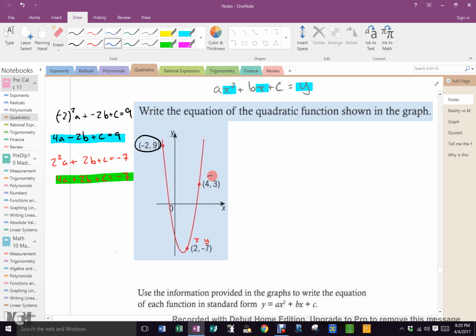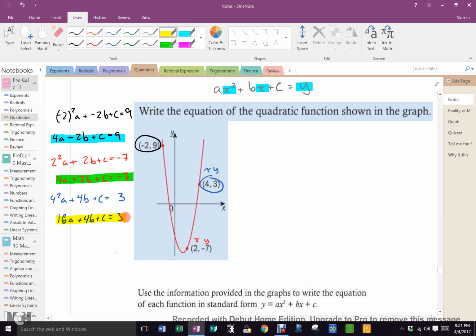My third equation, right here, x, y, 4 squared a plus 4b, because b, 4 and x, plus c equals 3. Sort that out. 16a plus 4b plus c equals 3.